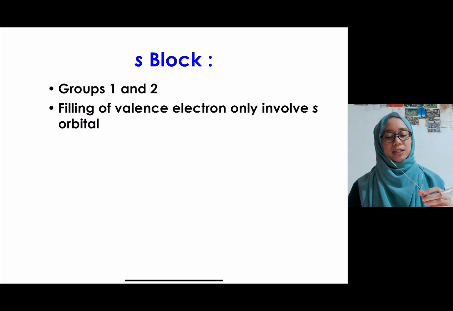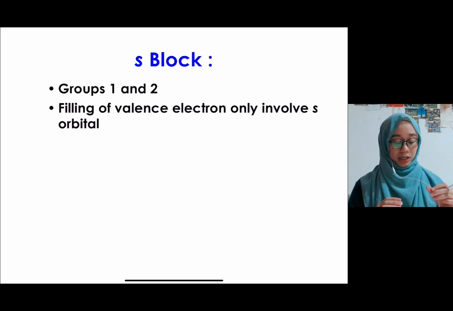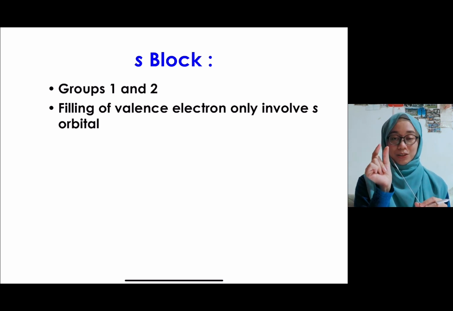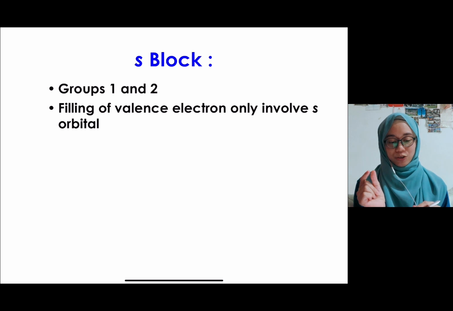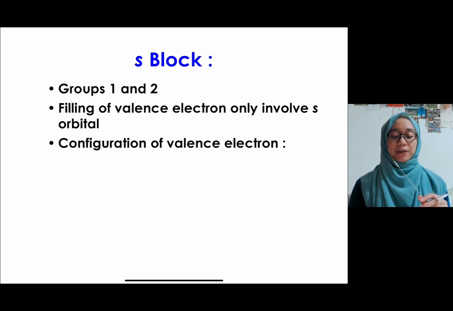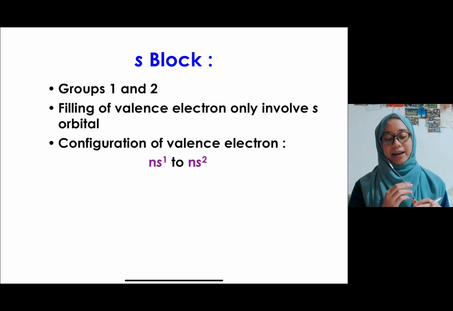So filling of valence electron only involve s orbital. So bear in mind, bila kita nak isi elektron tu, yang valence electron, bermaksud elektron yang last sekali kita nak isi tu, it only involve s orbital. Okay, and the configuration of the valence electron secara generalnya adalah ns1 and ns2.